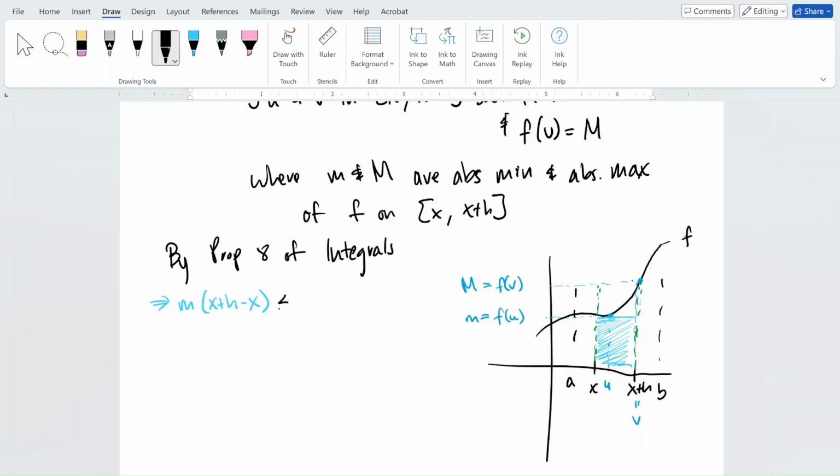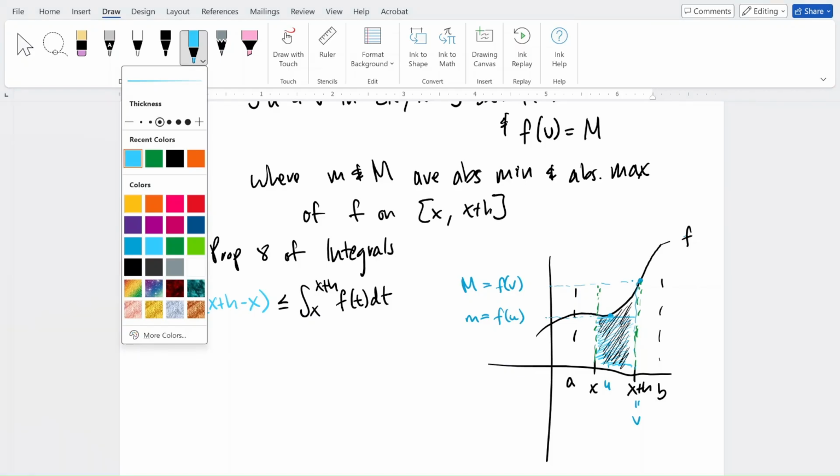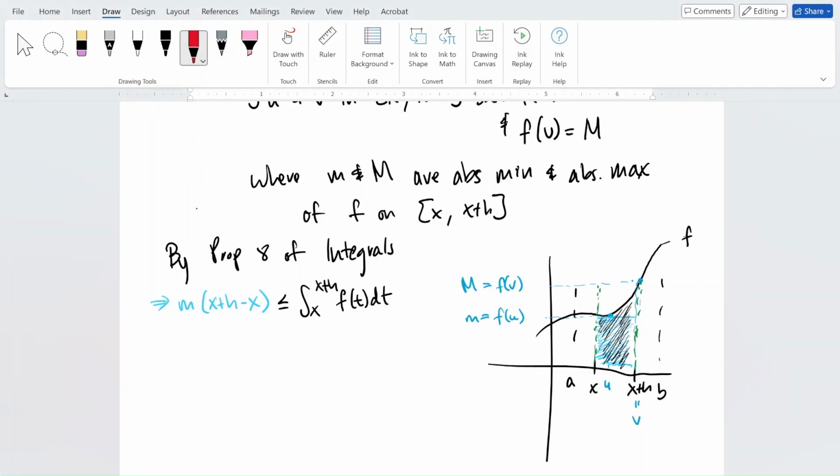But the precise integral from x to x plus h of f of t dt is greater than that, because if I shade it in black here, you'll see that it's more precise. And here's the red.